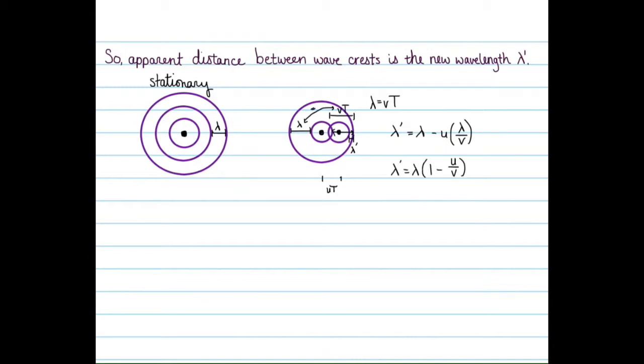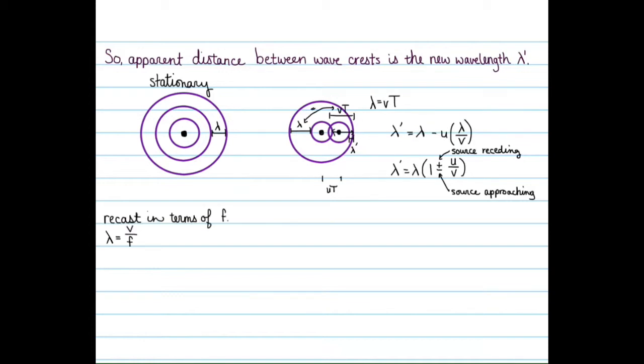We can then factor out lambda, and if we have a minus sign like we did before, that is when the source is approaching the detector. And the same thing holds for the source receding or moving away from the detector. The only thing that changes is the sign of the velocity, so you use a plus sign. So we have those two situations for when the source is moving and the detector is stationary.